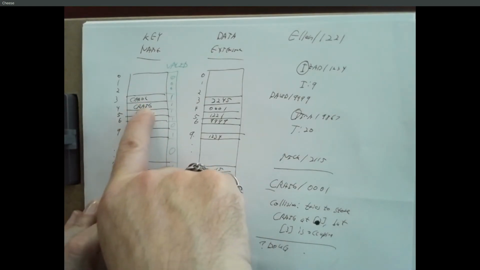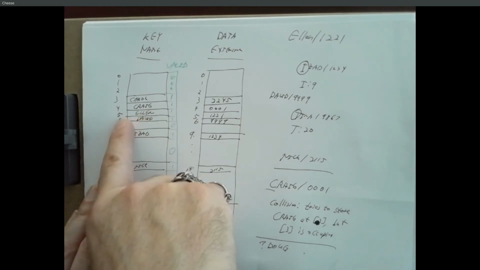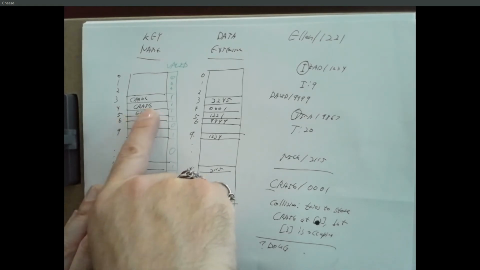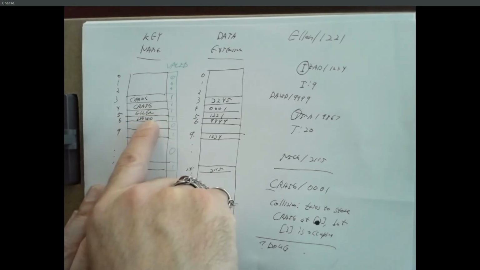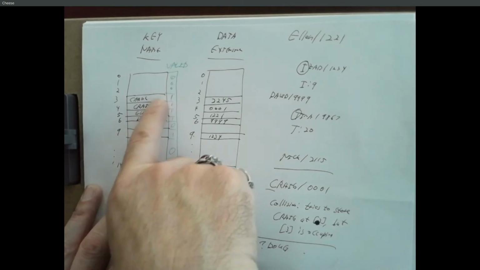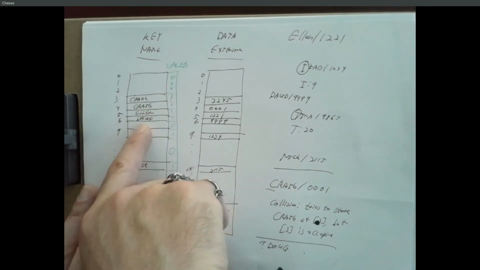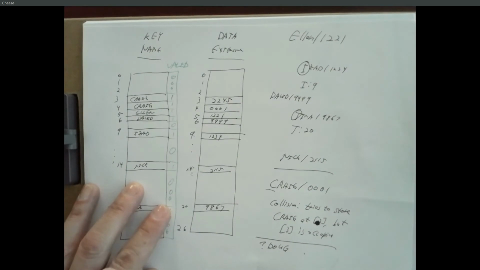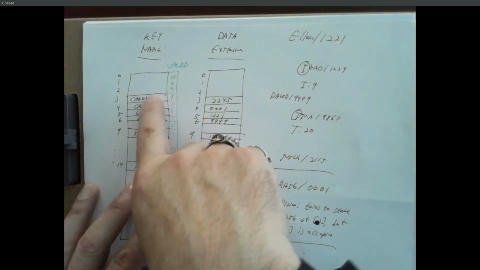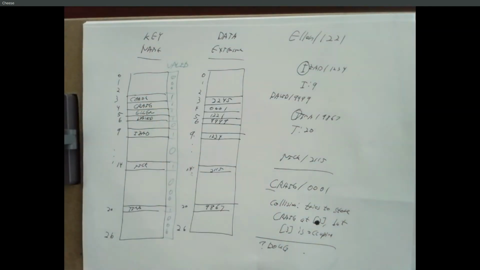That was in use, so we put it down here. And then Ellen came along and put that in there, and now we tried to do David, and it wanted to go here. If we have another C, if we have Charlie, it's going to try to go here, and here, and here, and here, and it's going to have to come down to location 7. And if we had a bunch of names that started with a C, they're all going to go through the same process. They're going to start here, keep going through, and they're just going to stack up linearly.